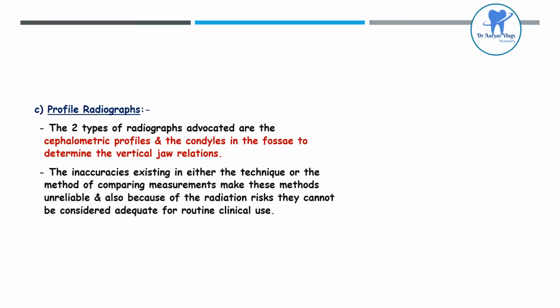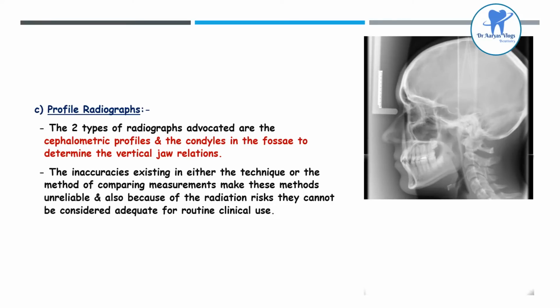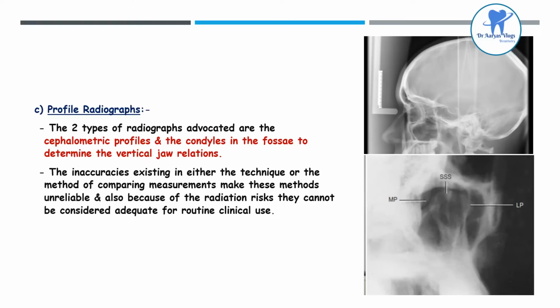And coming to the profile radiographs. There are two types of radiographs. They are cephalometric profiles and the condyles in the fossa to determine the vertical jaw relations. The inaccuracies existing in either the technique or the method of comparing the measurements make these methods unreliable, and also because of the radiation risk, they cannot be considered adequate for routine clinical uses.